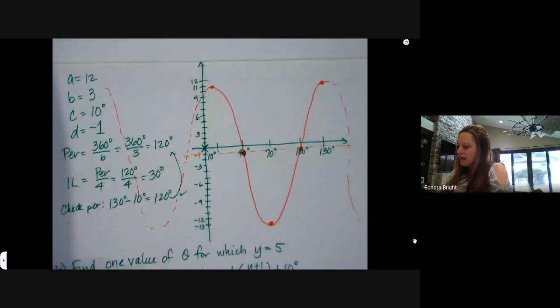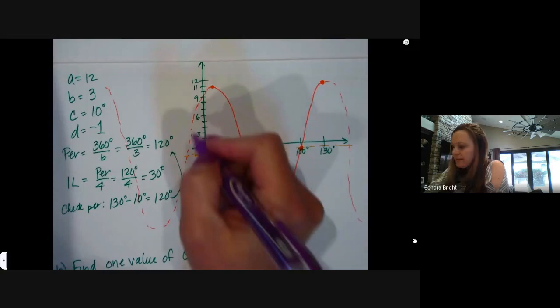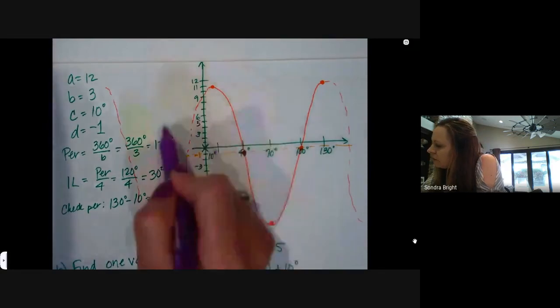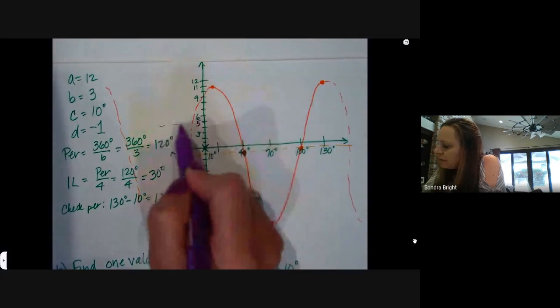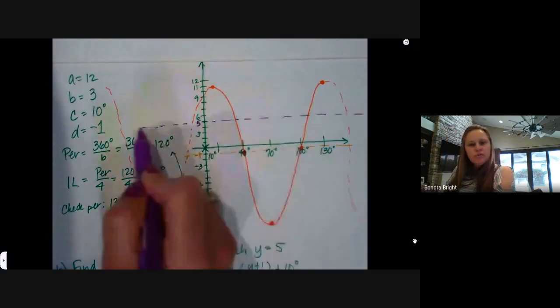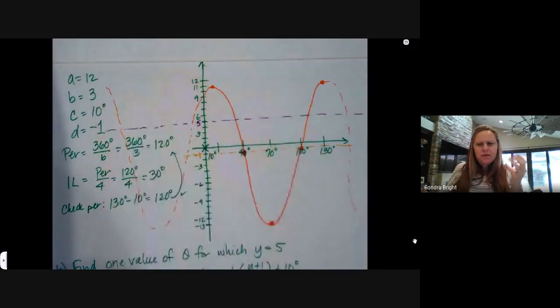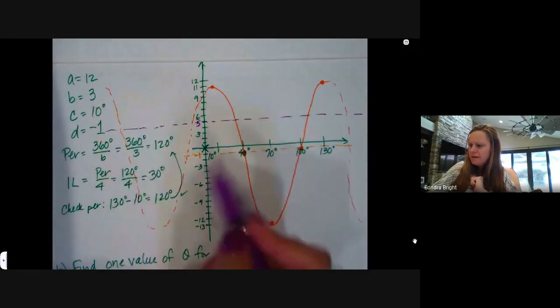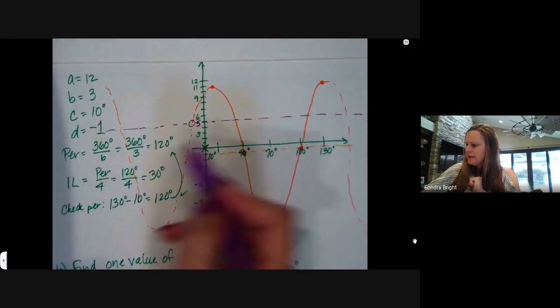So let's look at where y is equal to 5. Here's when y is 5, right there. I'm just going to draw a vertical line going through this. Do you see that there's an infinite amount of places where y is 5? You've got it here, and here, and here, and here, and it would keep on going.